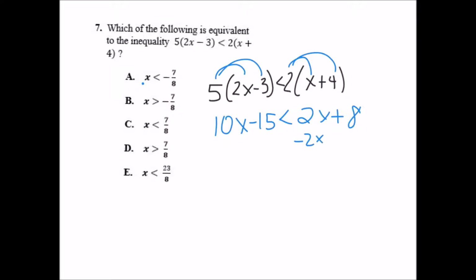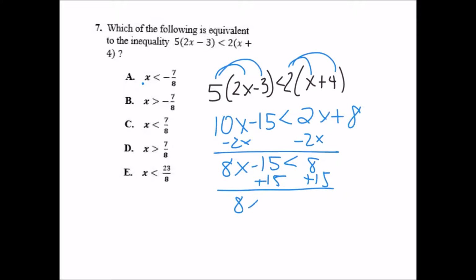Take 2x from both sides. 8x minus 15 is less than 8. Add 15 to both sides. 8x is less than 23, or x is less than 23/8. The correct answer is E.